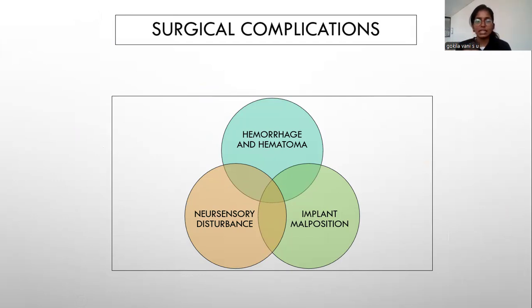While doing surgery, if we don't plan the implant therapy properly in terms of CBCT, what do we see in CBCT? Of course, we see the anatomical structures and we plan the implant. So if we miss out this assessment, or if we have errors in this assessment, we might end up in neurosensory disturbance because there is the inferior alveolar canal.